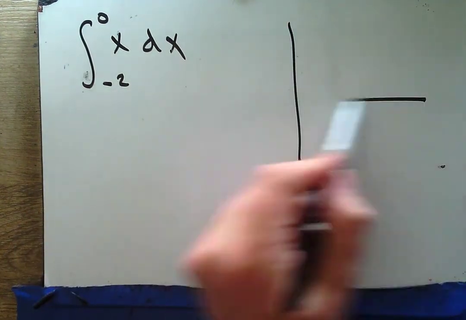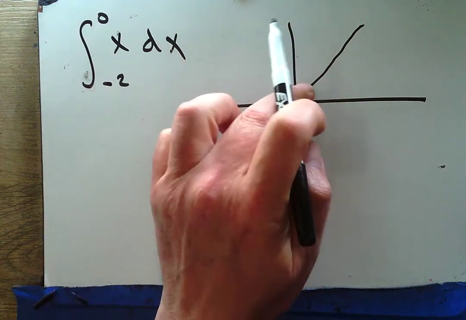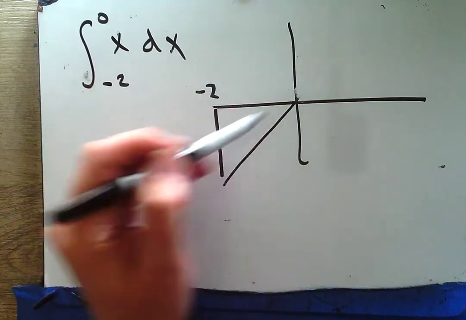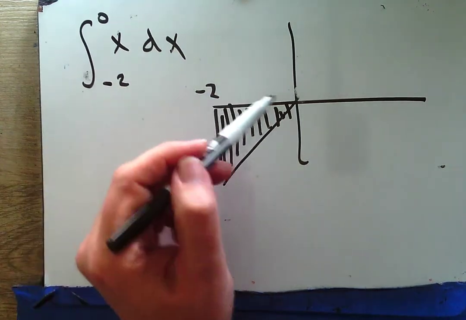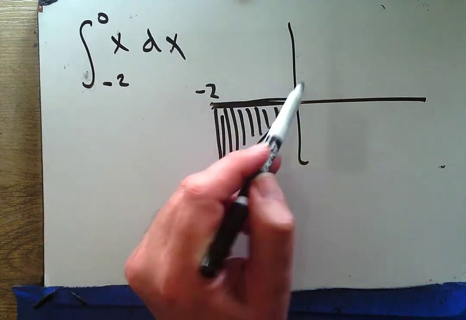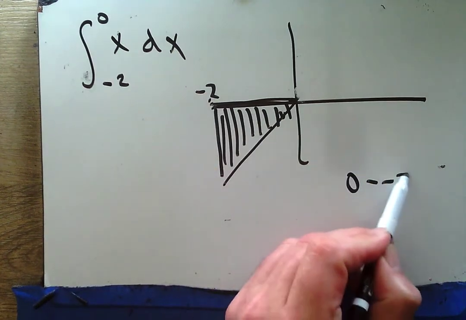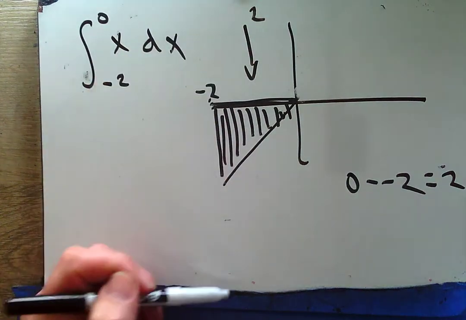Okay, so we're looking at the line y equals x, but we're only looking from negative 2 to 0. We want to find this. Well, I know this length is the bigger one minus the smaller one. 0 minus minus 2. So I know this length is 2.